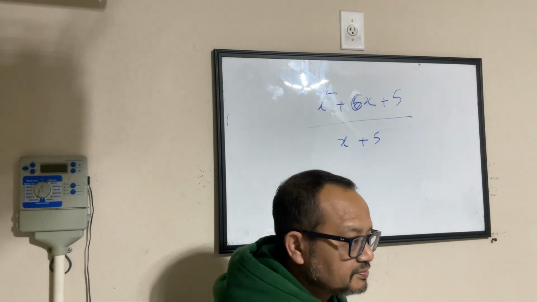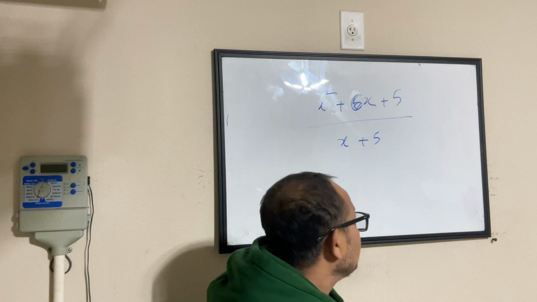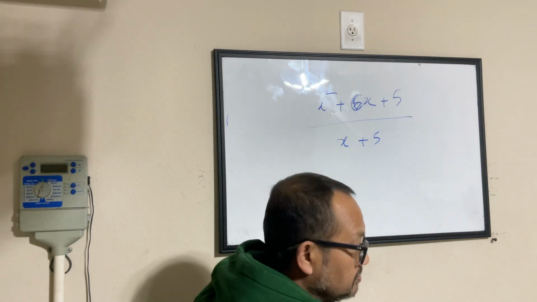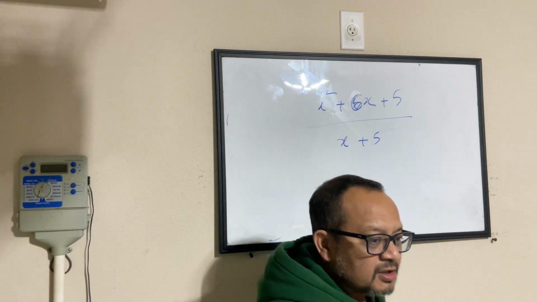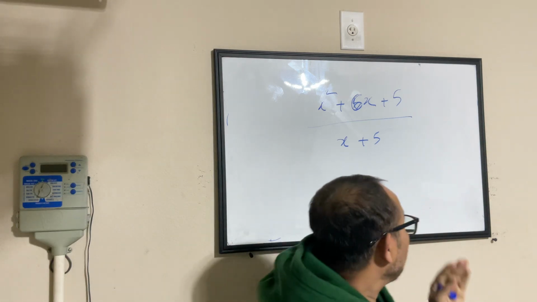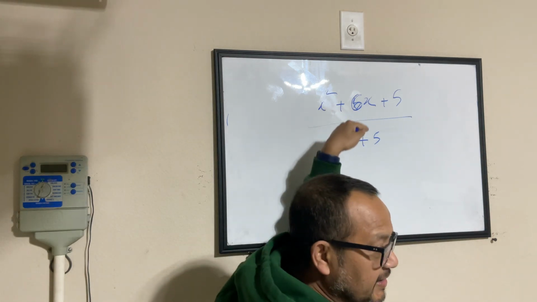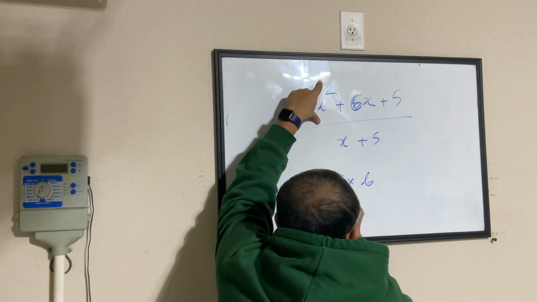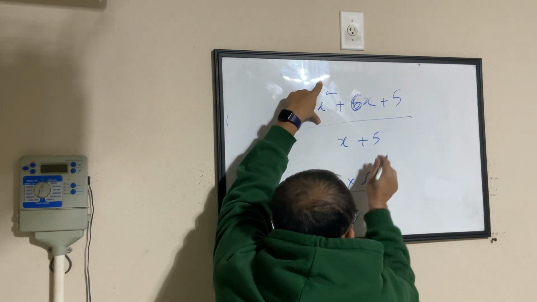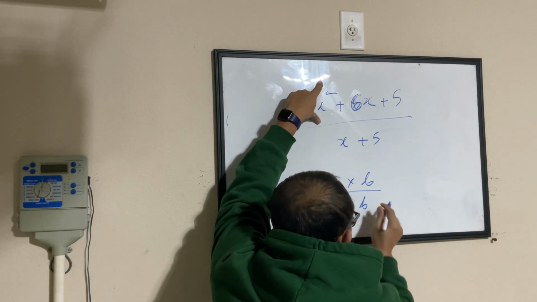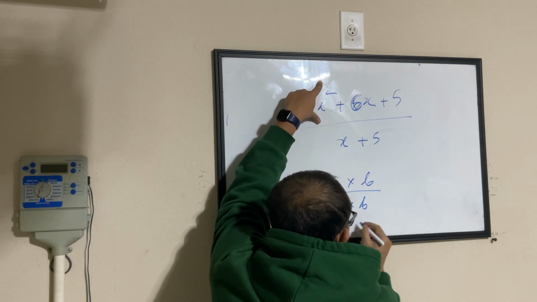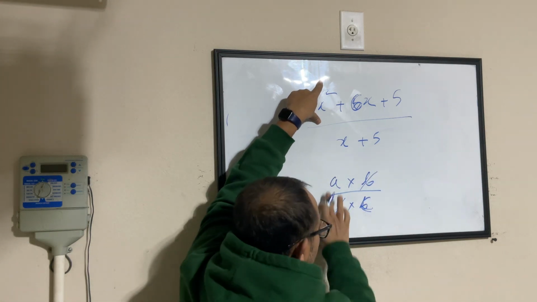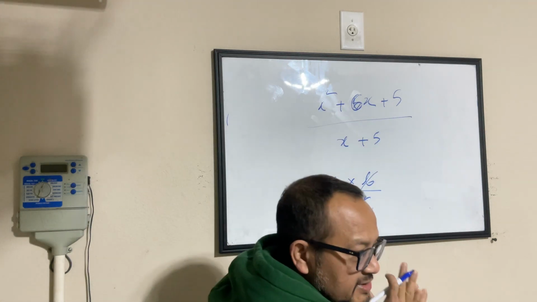And if I say simplify this, the main concept that we have to keep in mind is we have to look at whether there is a way to factorize. Because if I can break this into something like a into b, and then I have something like b into c, I can say okay fine, b and b I can knock off and then I have a by c. That is a simplified form of this expression.